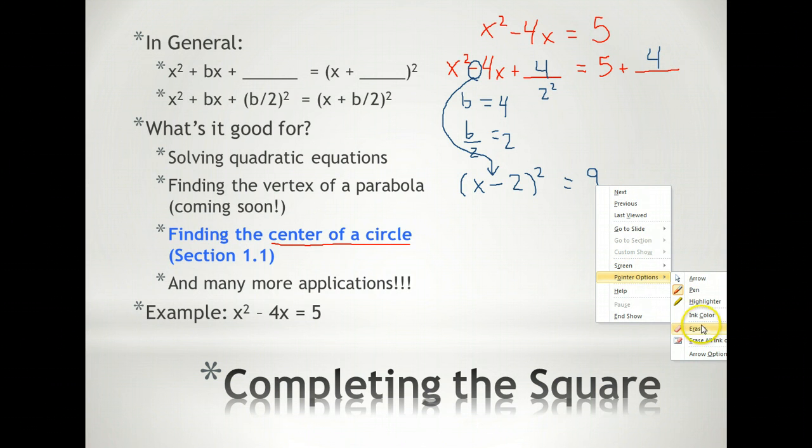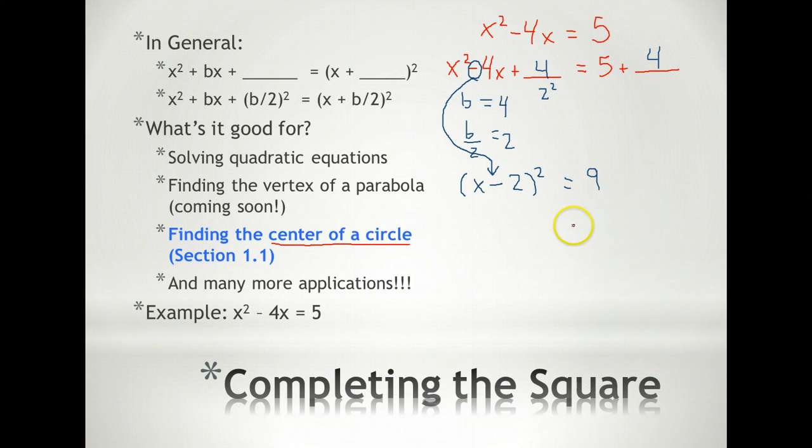Okay, just like on the previous slide, how do I solve this for x? I have something squared equals 9. I take the square root of both sides. So I take the square root of x minus 2 squared. The square root and the square cancel each other out. And then I take the square root of 9, which could be positive 3, or it could be negative 3.